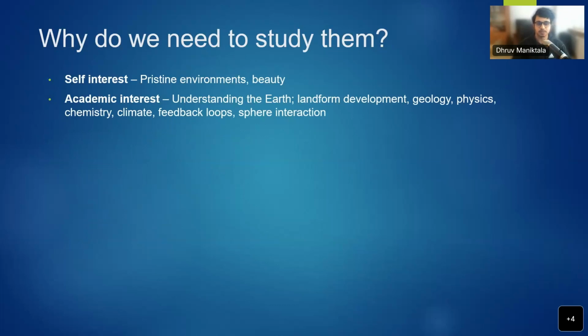Of course, glaciers impact the climate directly and vice versa, so it makes it even more important to study glaciers. Then we have different feedback loops, which basically means how glaciers are impacting the climate and vice versa. And then we have sphere interaction like atmosphere, cryosphere, hydrosphere, lithosphere, etc.